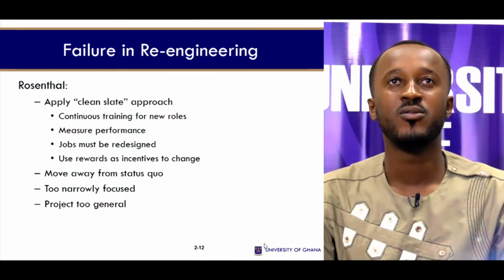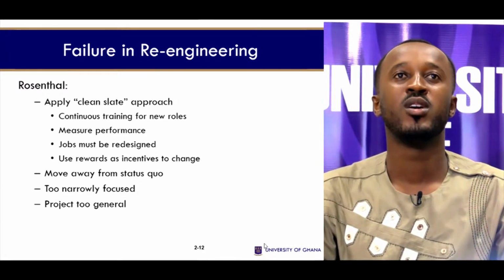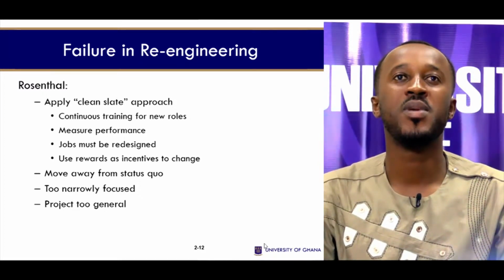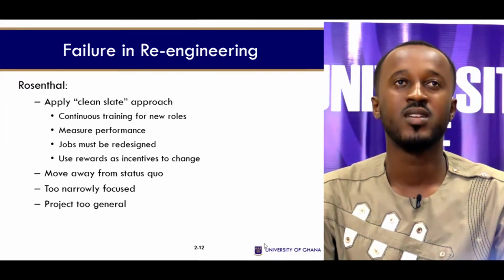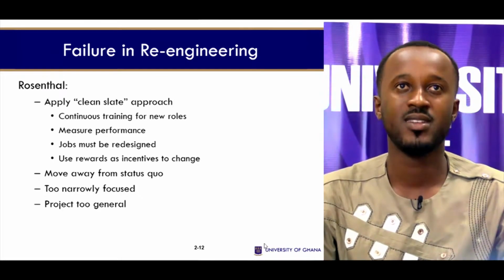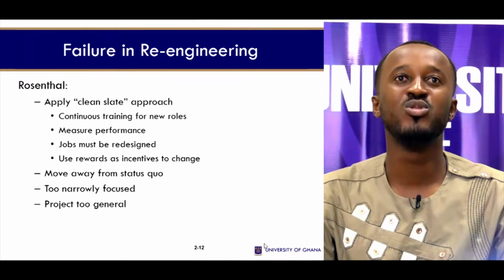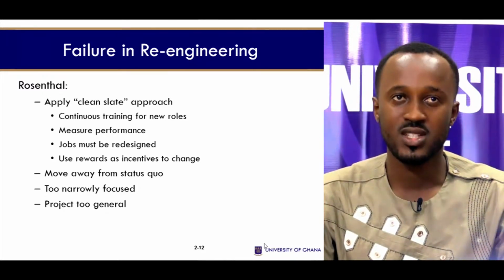Failing to re-engineer makes it difficult to measure performance. There's continuous training of new roles each time. This is what we call applying the clean slate approach. Then you use rewards as incentives to change.